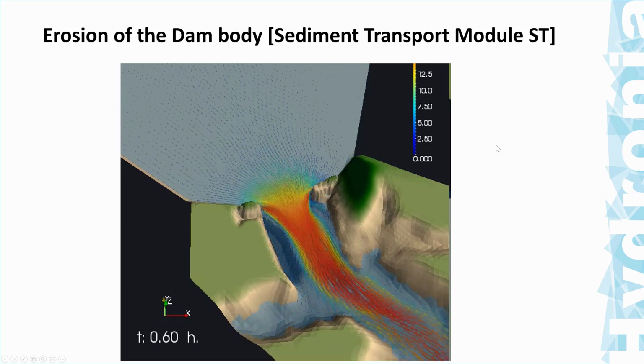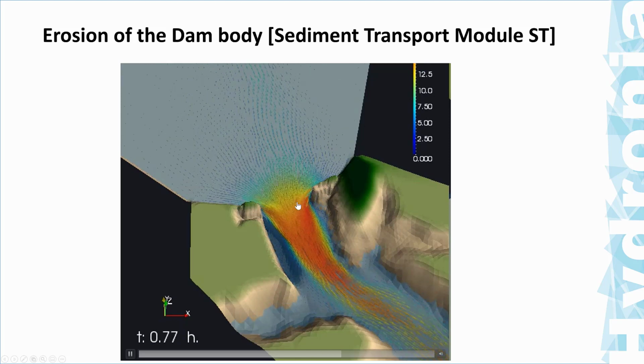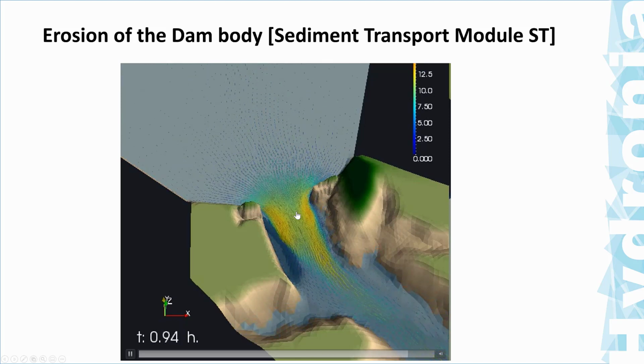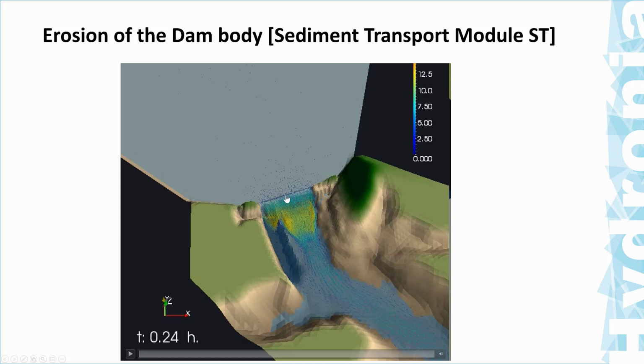In this animation, what we see is the velocity, indicated in colors, and you see here the initial state of the dam, let me show it here. This is the dam crest, and it's being overtopped by the reservoir that is here, and as it gets overtopped, it gets eroded and it breaks, and the sediment is traveling downstream as well.